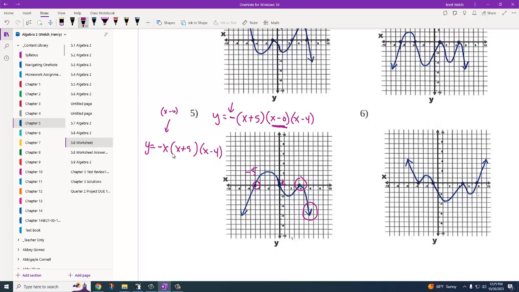But there's a problem. Because right now when I look at this, I see 3 x's. Those 3 x's would mean that my arrows should point in opposite directions because 3 is an odd number. But the arrows are pointing in the same direction, which means I need an even number of x's. So what's going on? Well, if we look right here at this guy, we notice that it has a bounce rather than a pass-through.